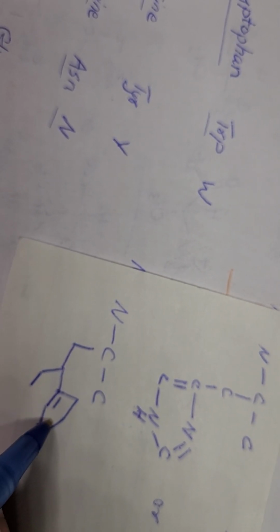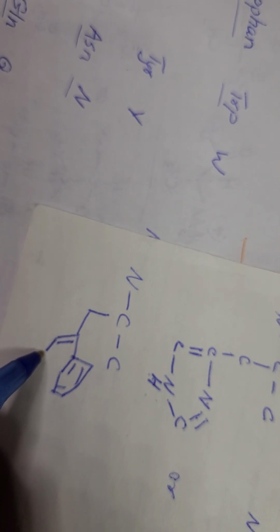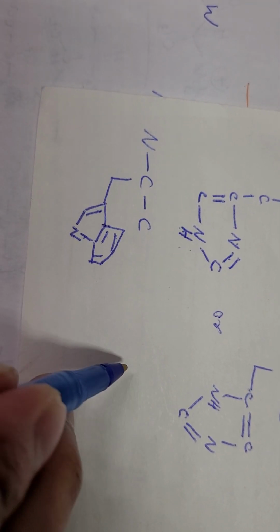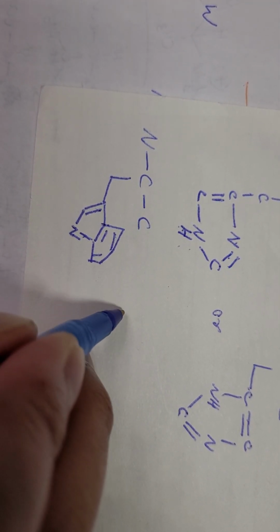Sorry, it isn't clear, but it will be a carbon ring, and then down here is a double bond, and the outside here will be N. Done. This one is tryptophan. I'll draw it for you to be clear.